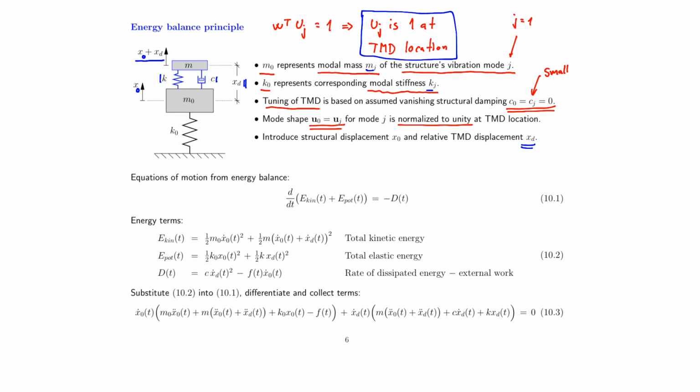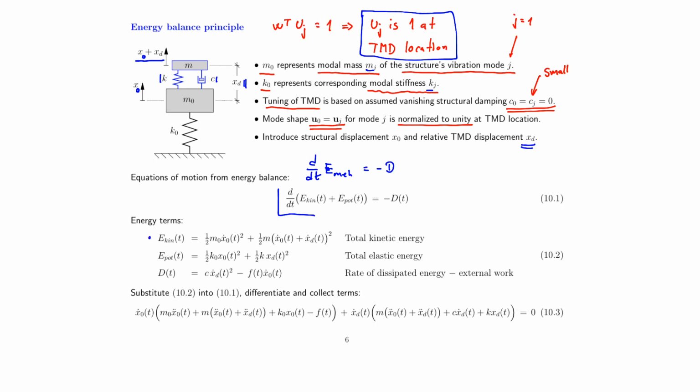Then we can set up the kinetic and potential energy, and we know that our equation of motion, our equilibrium equation, means that the time derivative of the mechanical energy should be equal to minus the dissipated energy, and also including power by external work.